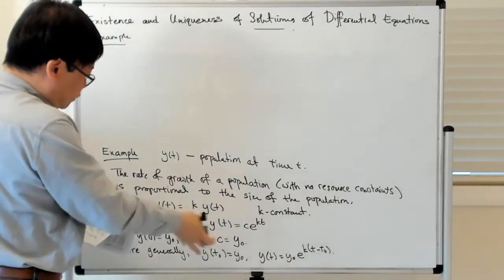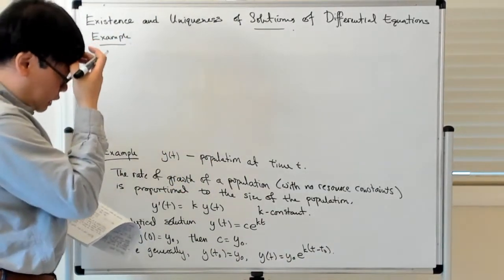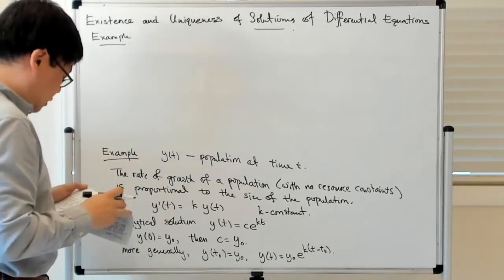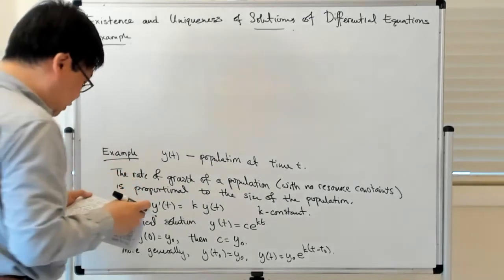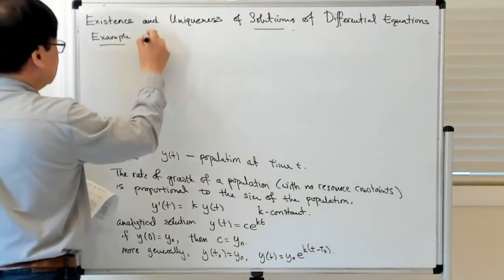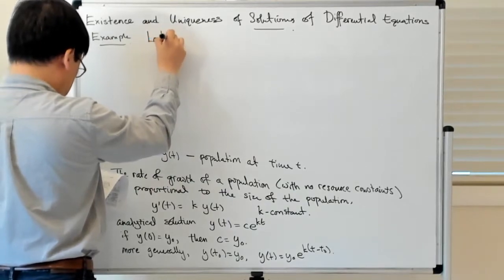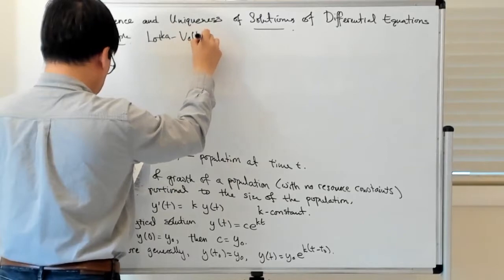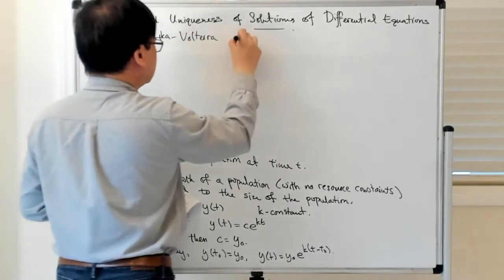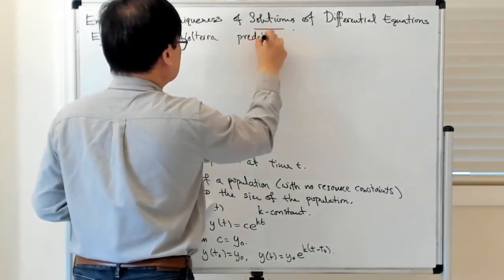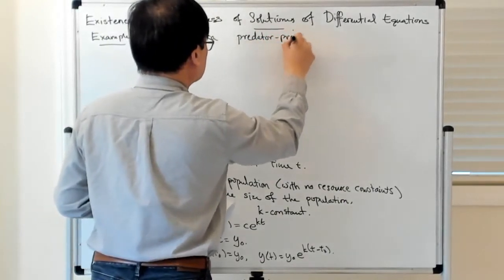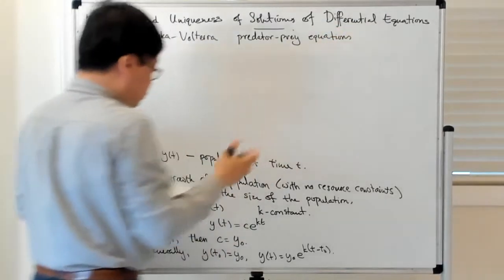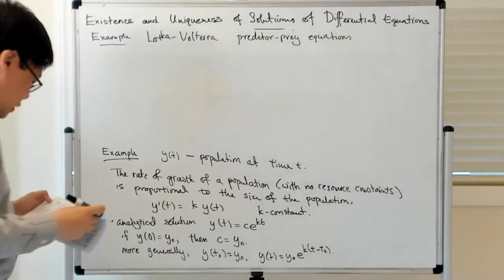This is along the lines of these population dynamics. Now we're going to look at a predator-prey system, which is called the Lotka-Volterra predator-prey equations. Now you have two populations.